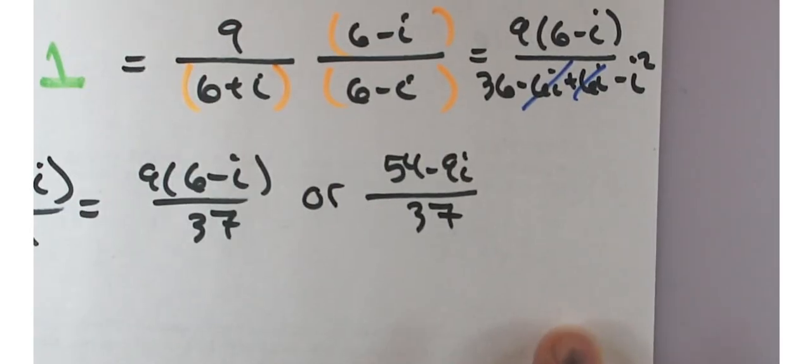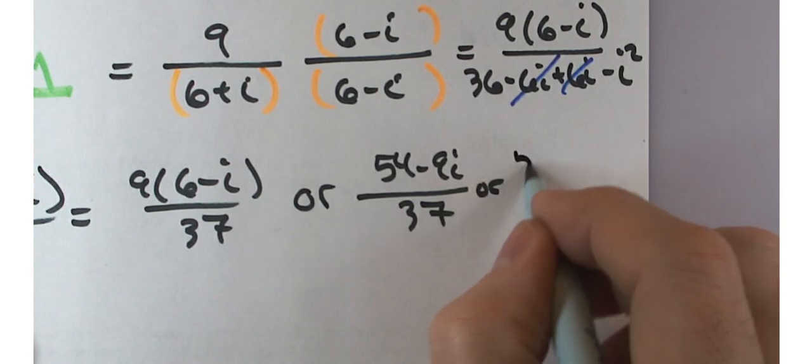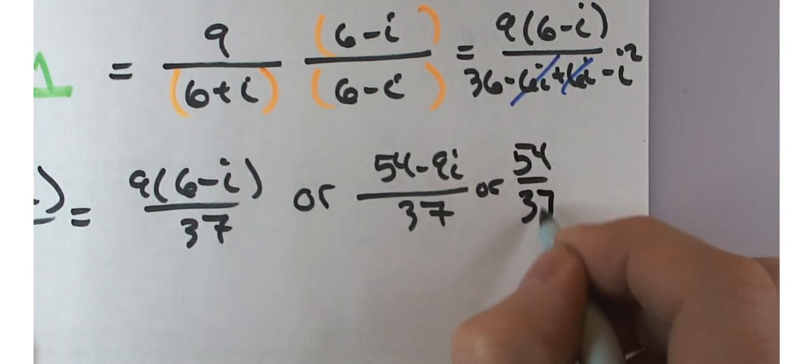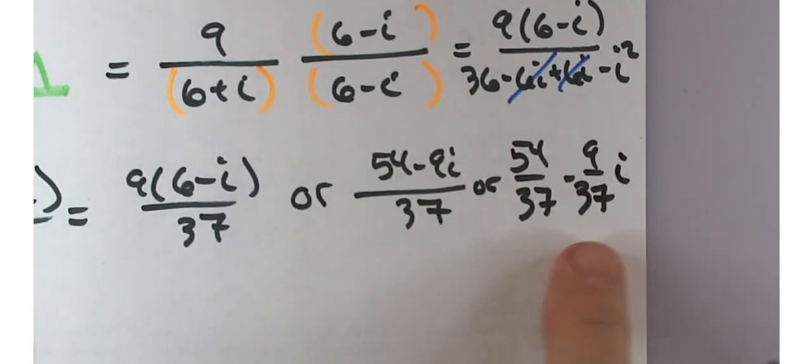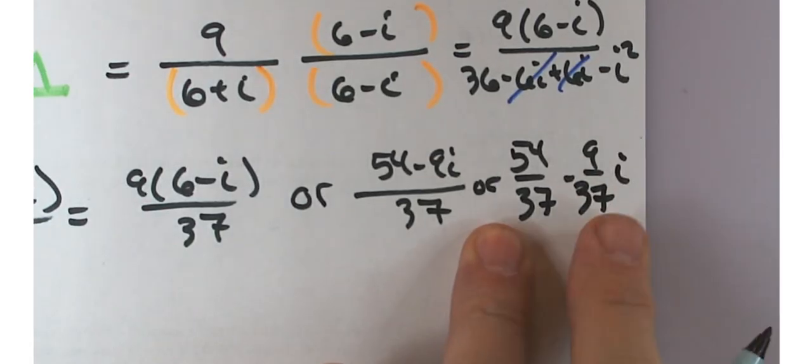Sadly enough, WebAssign sometimes wants things in the form of a real part and a complex part. And to get there, you're going to have to write this as 54 over 37 minus 9 over 37 times i. So that would be your real part and imaginary part.